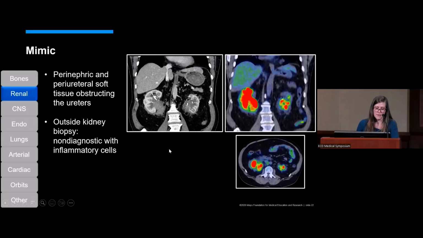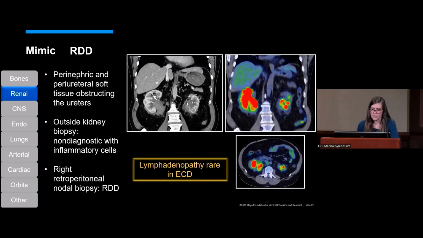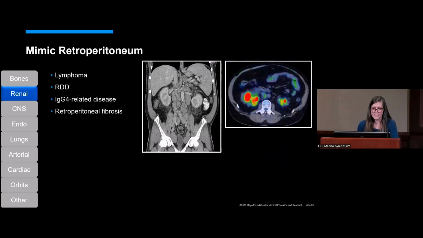So the outside kidney biopsy was non-diagnostic, with inflammatory cells. This retroperitoneal node was then targeted for biopsy, and that demonstrated Rosai-Dorfman disease. So Rosai-Dorfman disease can be a mimic with renal or periureteral involvement when there's also lymph node involvement. Remember that lymphadenopathy, again, is rare in Erdheim-Chester disease.